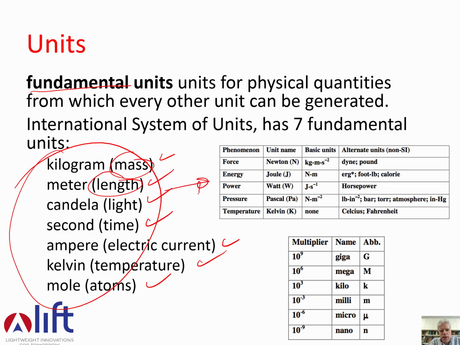And that's where that comes from. Again, it's a lot more depth one could go through. And then there are our standard multipliers on these. Mega, M for 10 to the 6, giga for 10 to the 9, and down to nano, 10 to the minus 9. And these are the common prefixes that we use in the metric system in particular.